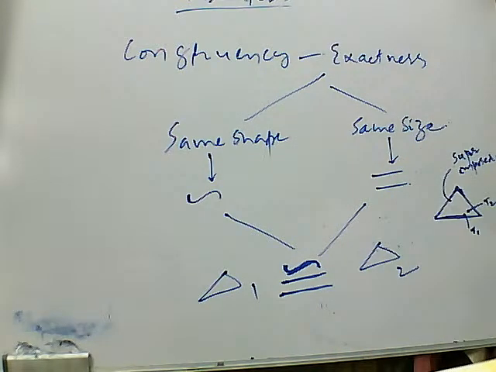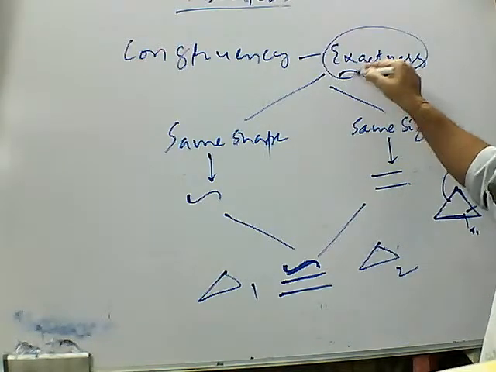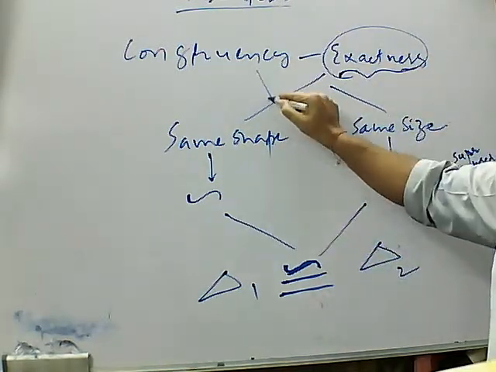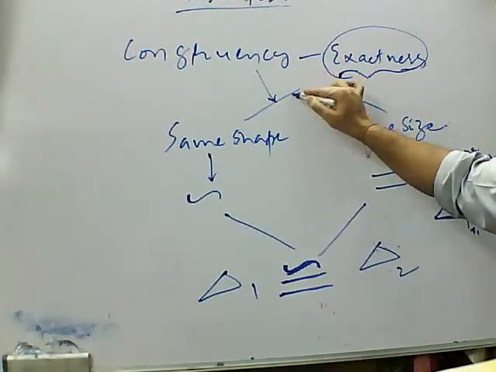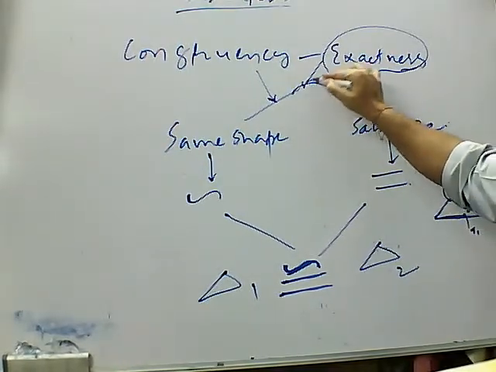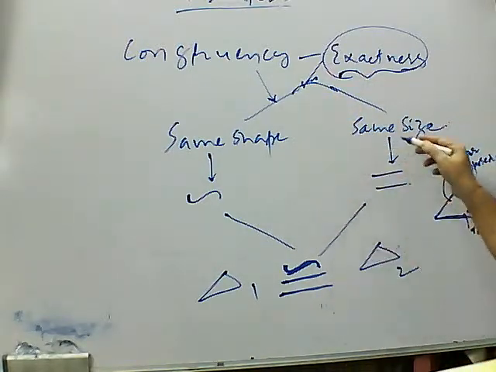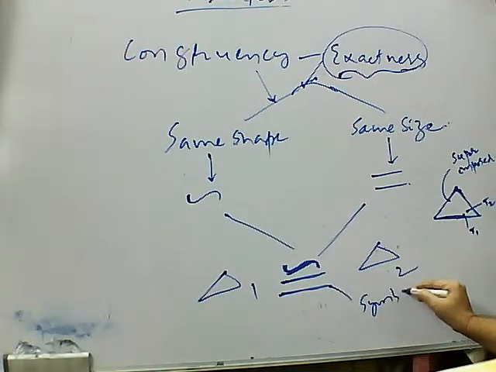So congruency is same shape and same size. Both are included in congruence. So automatically congruency leads to both, and automatically the symbol for congruence. This is the symbol for congruency.